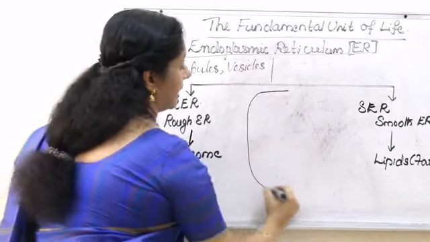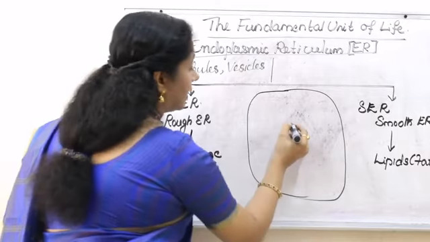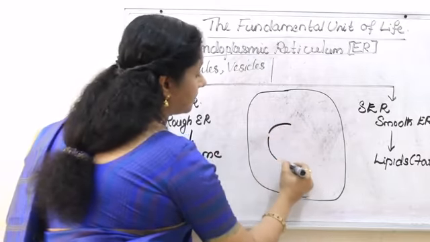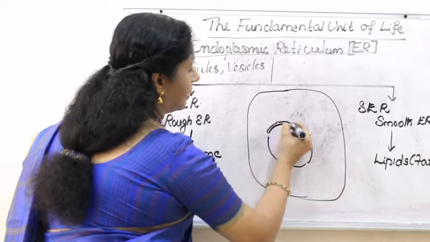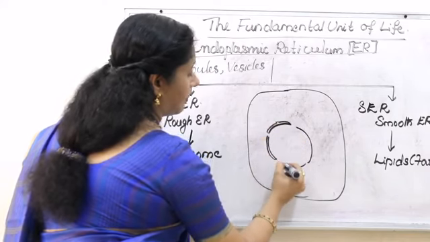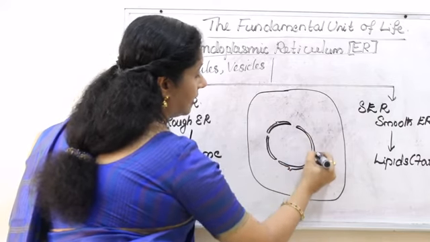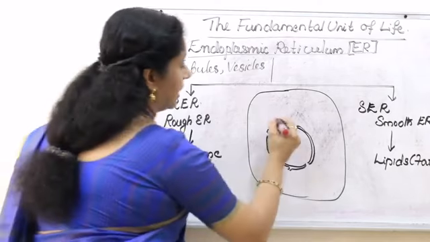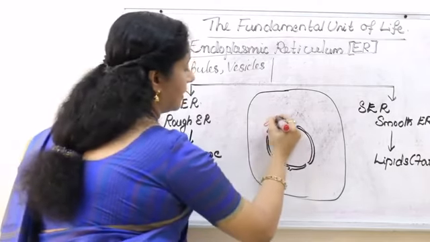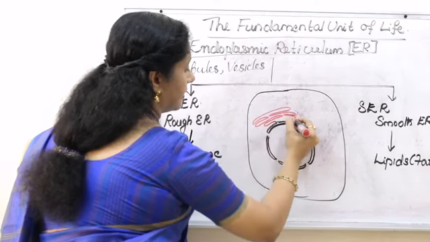Suppose this is a cell. I am drawing an animal cell, so no cell wall. Here is the nucleus in the center. The outer part of the nucleus, that is the outer membrane of the nucleus, is in continuation with some reticulate-like structures that I am drawing with this red, like this.